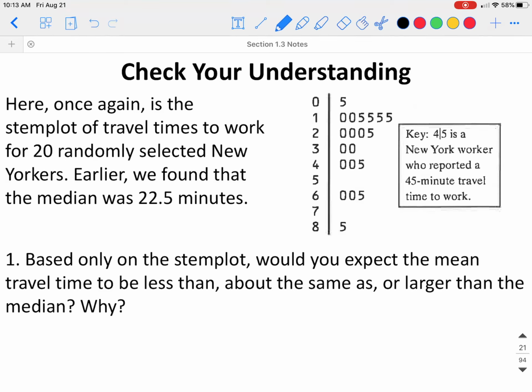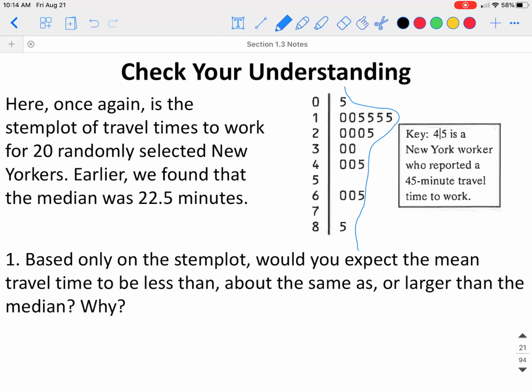Here, once again, is the stem plot of travel times to work for 20 randomly selected New Yorkers. Earlier, we found that the median was 22.5 minutes. Based only on the stem plot, would you expect the mean travel time to be less than, the same as, or larger than the median, and why? If we look at this stem plot, we can see that the data is skewed to the right, or skewed towards the larger numbers.